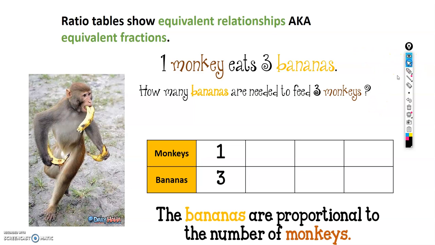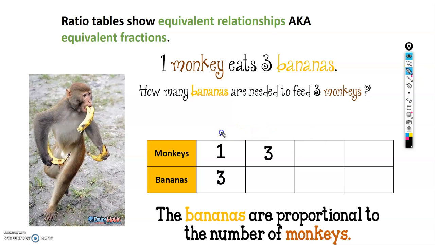I have for every 1 monkey, I need 3 bananas. Now notice that I wrote 3 monkeys because that was my original question. So I need to figure out how to get from 1 to 3 to make an equivalent ratio.